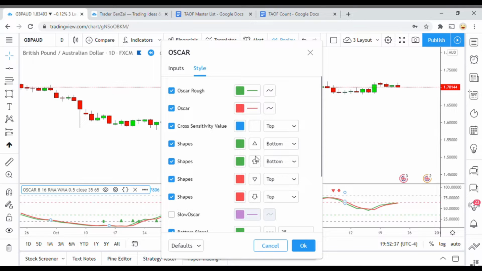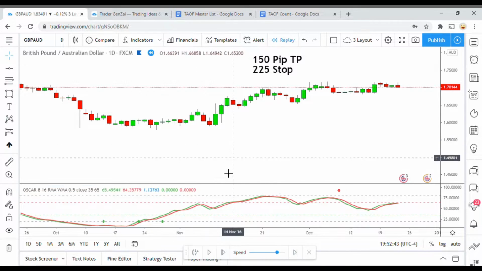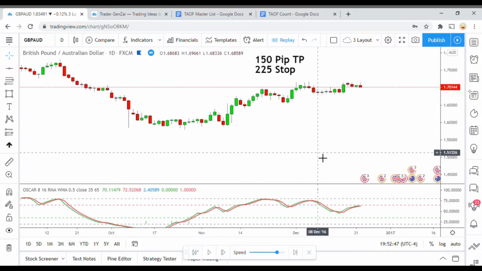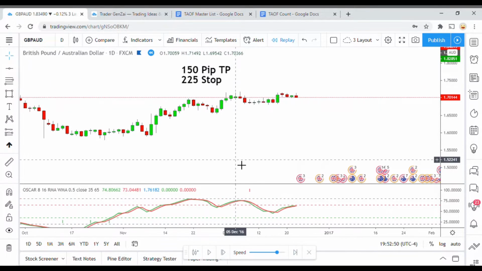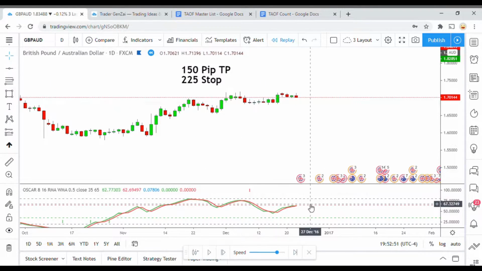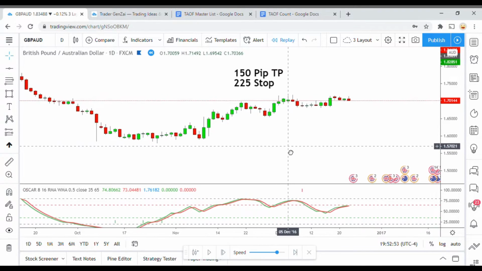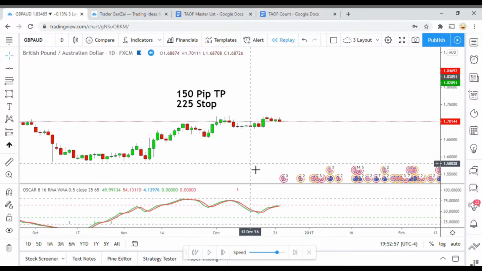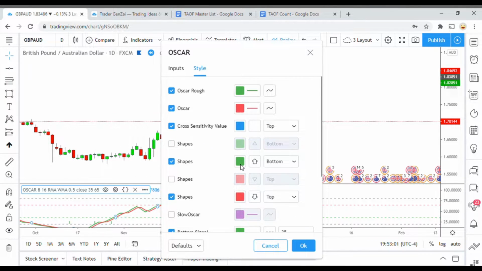I think what I'm going to do is go in and turn off the little triangles. And I think we're just going to concentrate on the arrows. I wish there was a way to make the arrows larger, but it does not appear there is.